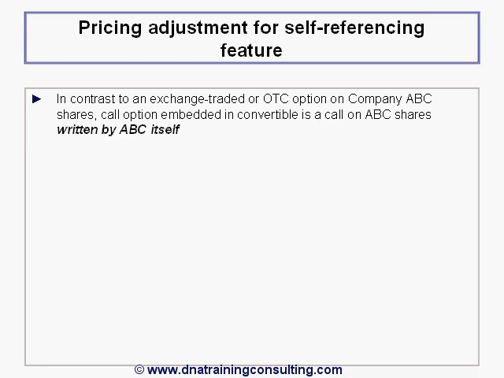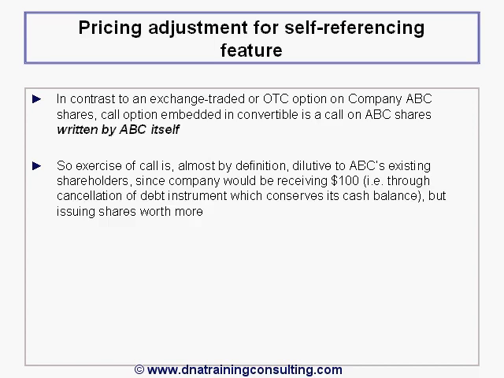This is significant because in the present self-referential case, exercise of the call at maturity is, by definition, dilutive to ABC's existing shareholders, since the company would be receiving 100, i.e. through the ability to avoid repaying the debt in cash and therefore conserving its cash balance, but would be issuing shares worth more.